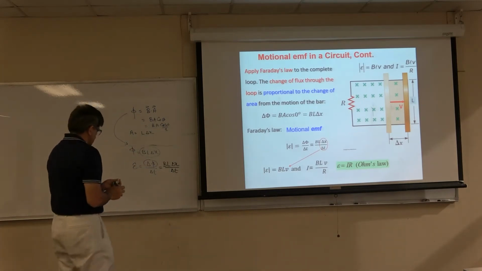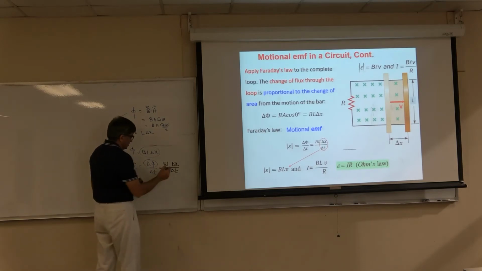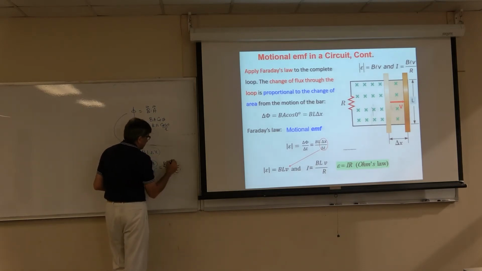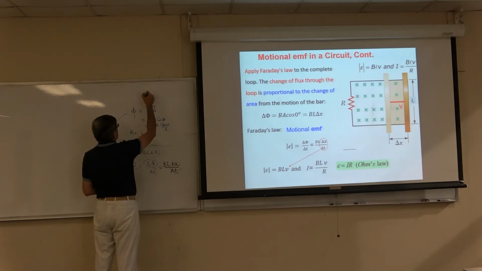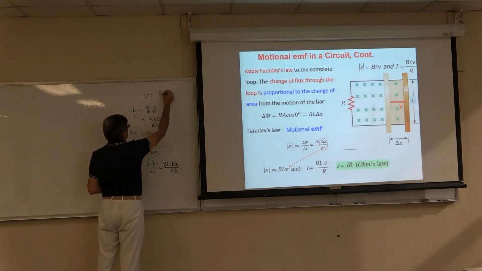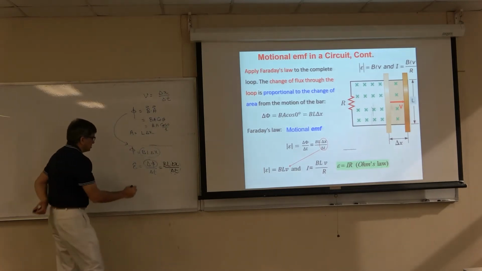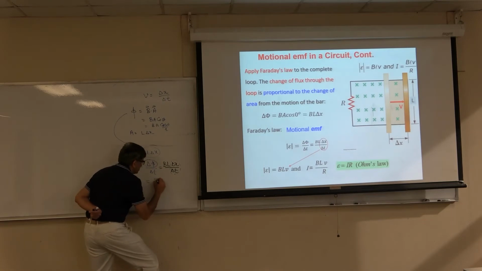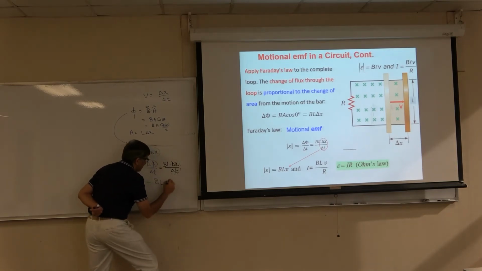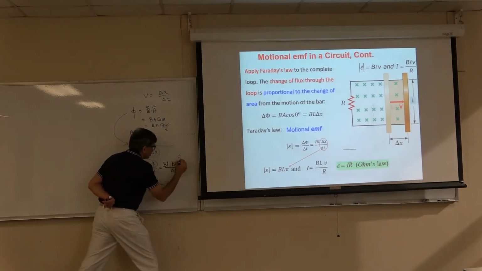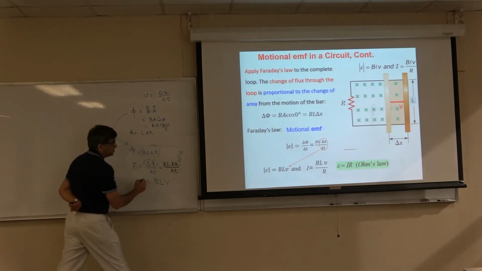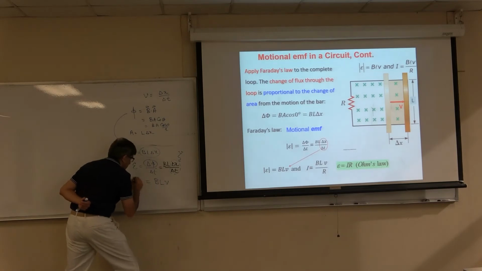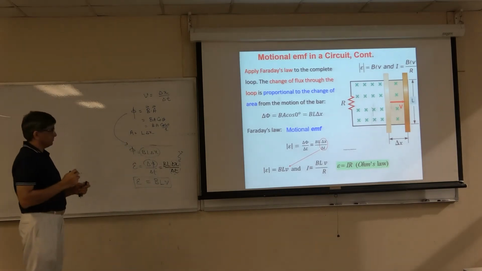What is delta x over delta t? From the basic definition, velocity is change in displacement over time. So I can replace this with v. So the induced EMF is equal to B L times v.